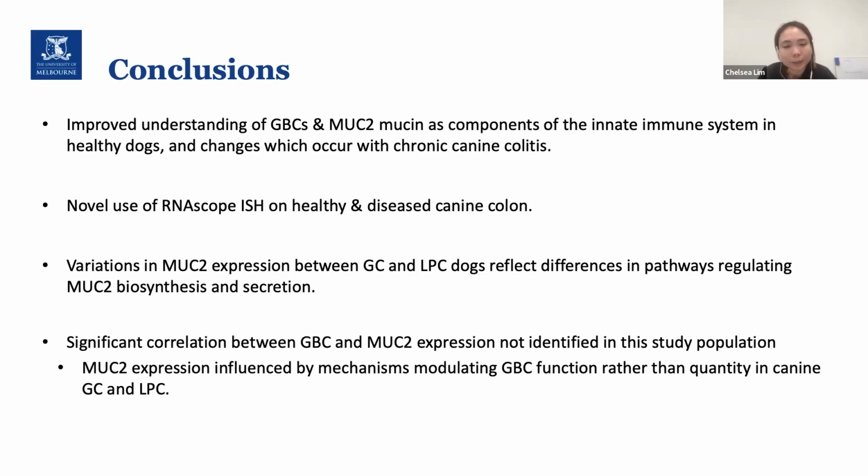Lastly, no significant correlations were noted between goblet cell and MUC2 expression in this study population, which would suggest that MUC2 expression levels appear influenced by mechanisms modulating goblet cell function rather than quantity in these forms of canine colitis.